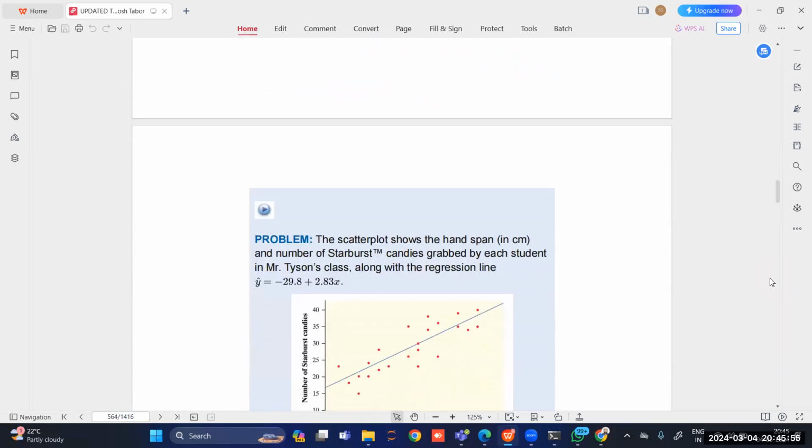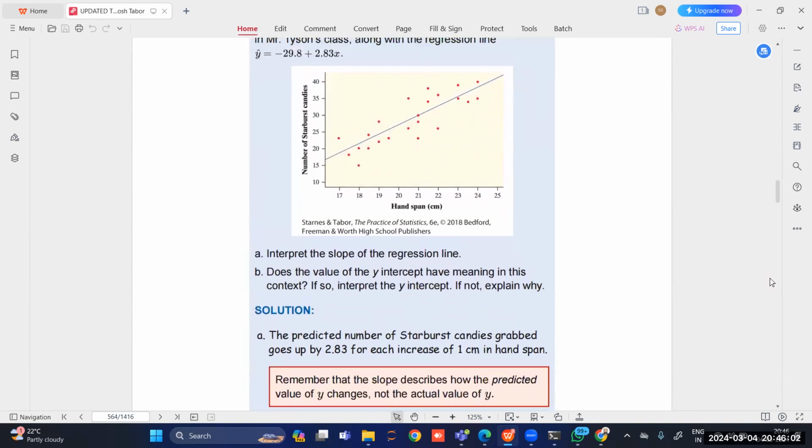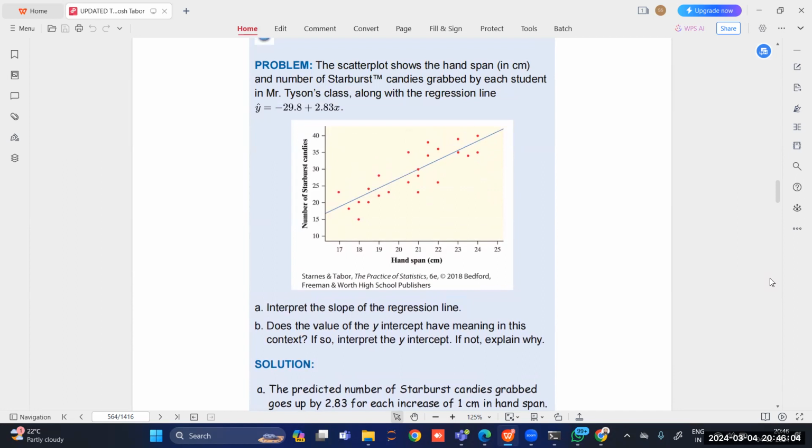What he does, he explains it after discussing the things with practicality. Okay, so interpret the slope of the regression line. Come on, tell me the slope and the y-intercept of the regression line. It's a positive slope, 2.83, and the y-intercept is negative 29.8. Interpret the y-intercept, if not, explain why.